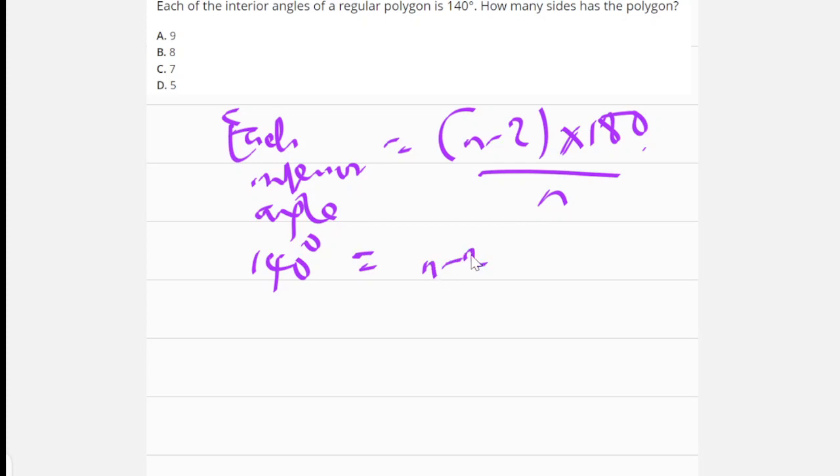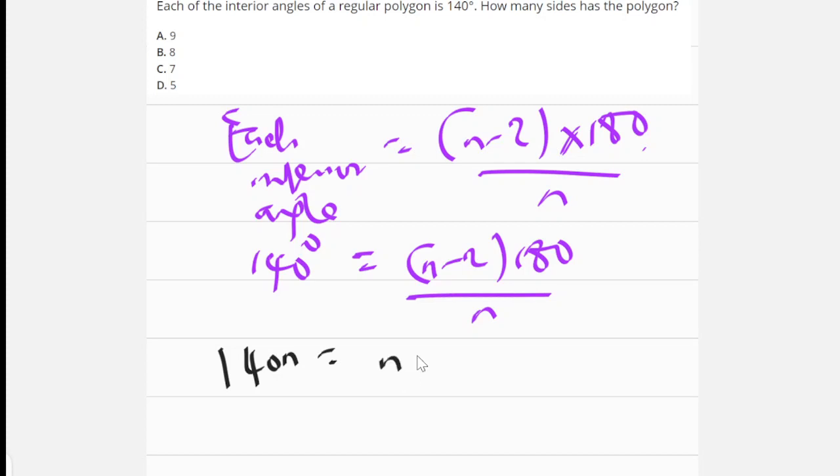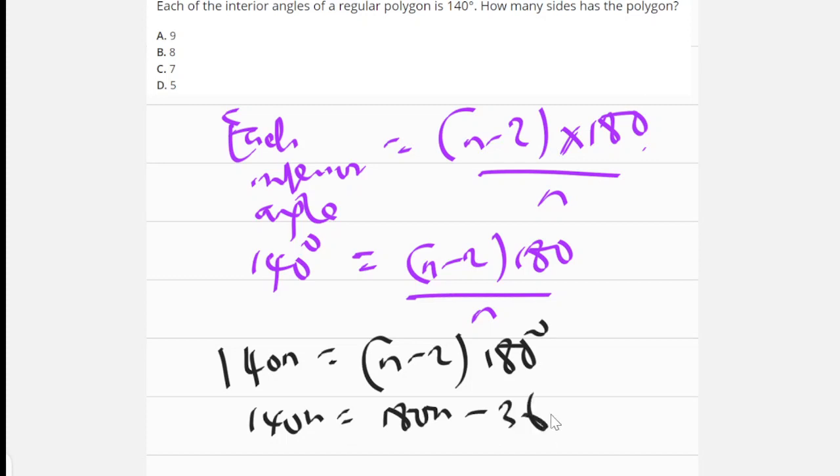And you have n minus 2, 180 divided by n. If you cross multiply, then I have 140n is equal to n minus 2 multiplied by 180, right? So then I have 140n is equal to 180n minus 360. Collecting the like terms, bring this guy here and bring this guy here.